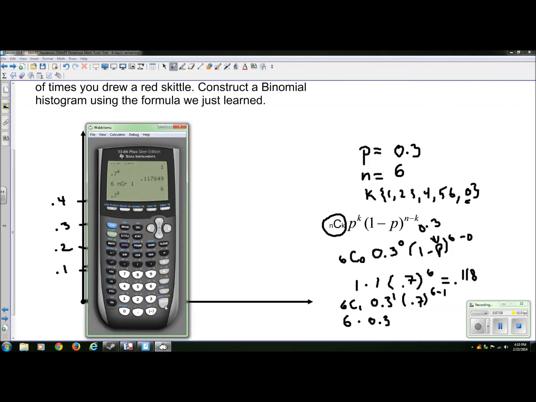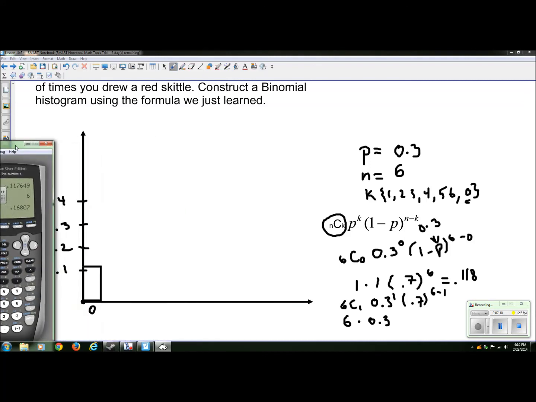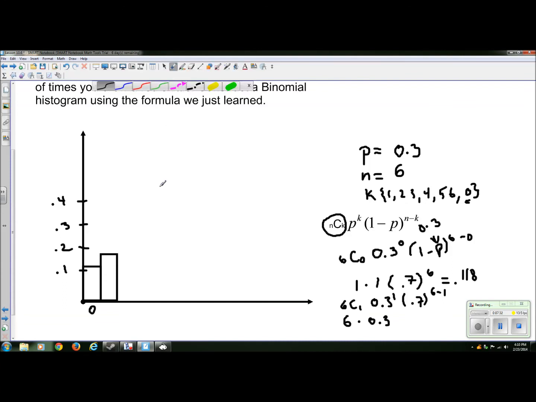Alright, so what do I have there? It's 0.168. I'm just going to do 0.17, that's okay. So what does 0.17 look like? Well, let's add that on there. That's the probability of drawing 1 red Skittle.